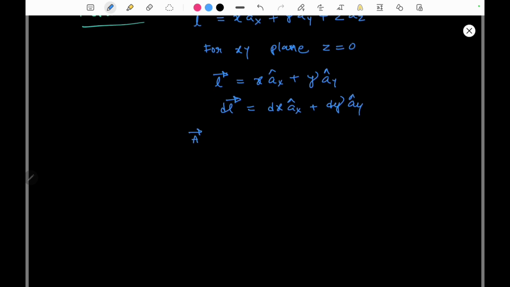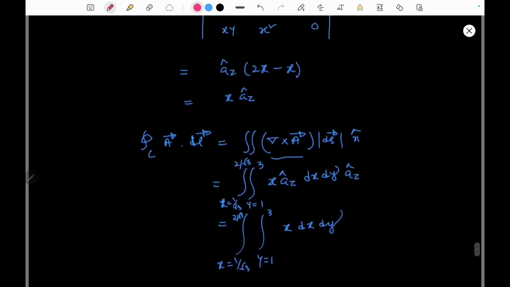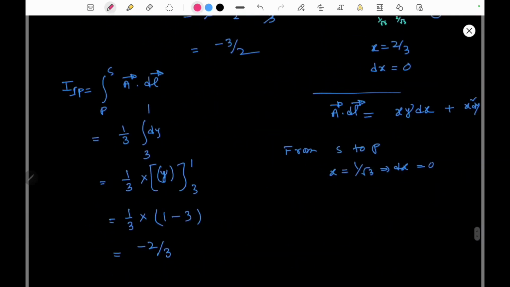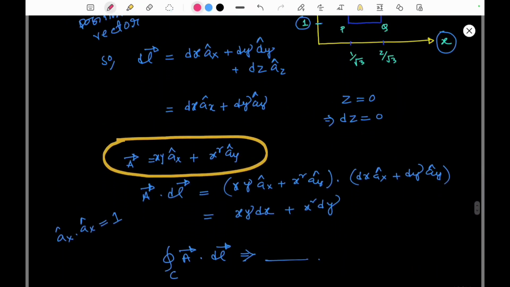Now A vector dot dl vector. So A vector we can write again, that we have calculated earlier here.